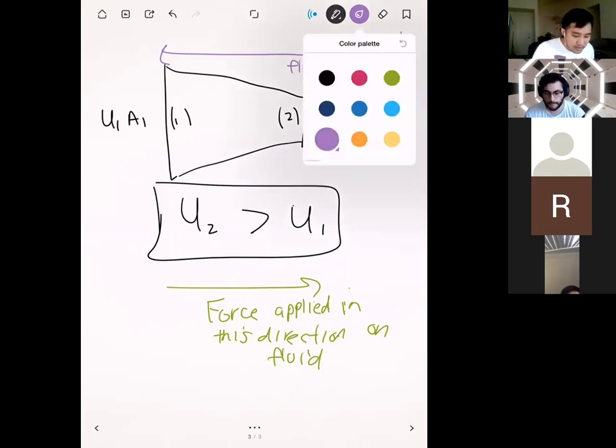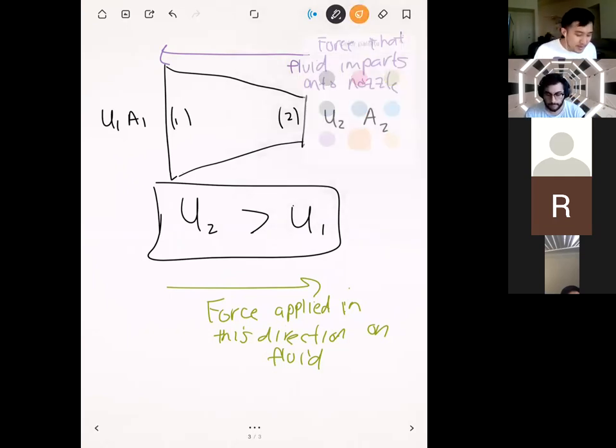And one thing that's even more confusing is that you might be asked, say, that this nozzle right here is being held in place by a stand. Let's say that this nozzle is fixed by these two guys right here. And you might be asked to compute what is the anchoring force of the stand on the nozzle.